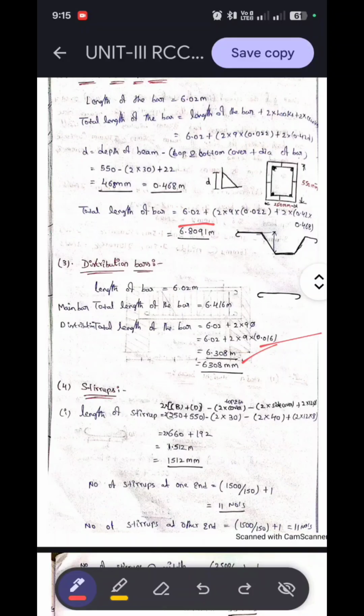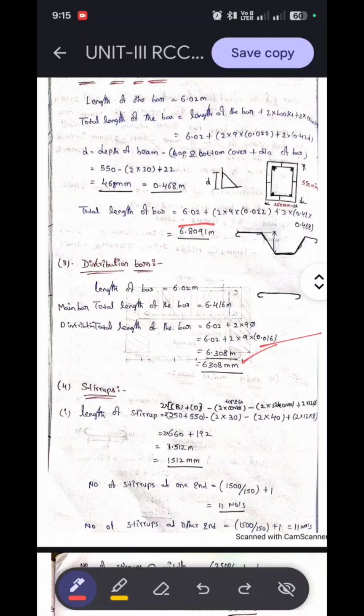Next, the last item of work, stirrups. First calculating the length of the stirrup. The stirrup formula is 2 into B plus D, minus 2 into top and bottom cover, minus 2 into side cover, plus 2 into 12 dia, as the hook is 12 dia in stirrups, with two sides.